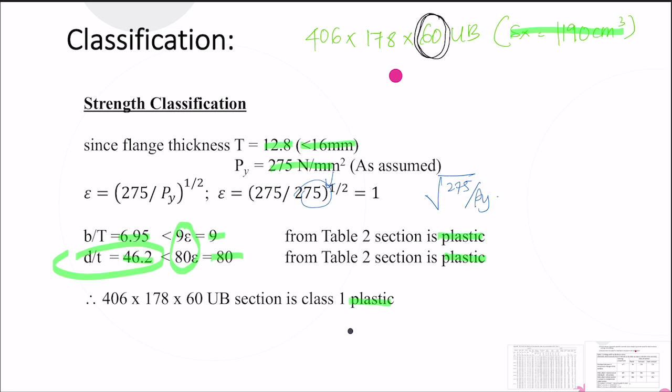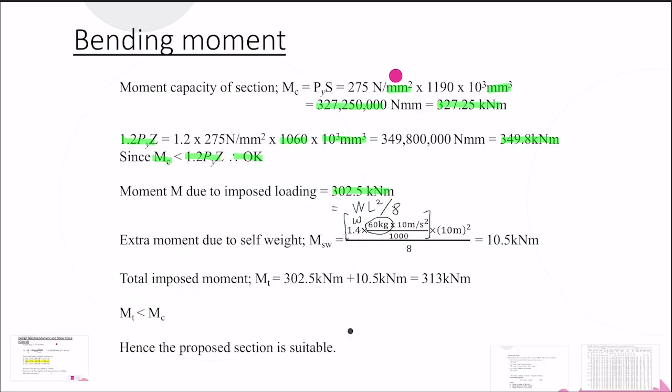60 at the back here, okay, 406, 178, 60 adalah 60 kg per meter. Maksudnya 1 meter 60 kg. It is written in our section dekat belakang sekali tu. Okay, so 60 kg ni adalah untuk 1 meter. 60 kg ni dia bukan Newton.